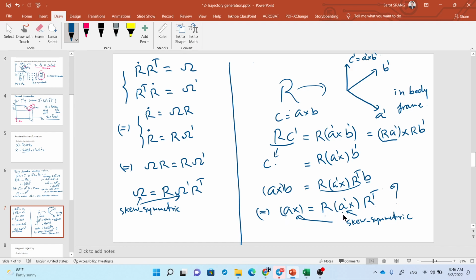These two are the same vector, just one is measured in body frame and another one is measured in global frame. So omega and omega prime are actually the same vector, but omega prime is measured in body frame and omega is measured in global frame. So omega is just angular velocity cross, same vector, right?